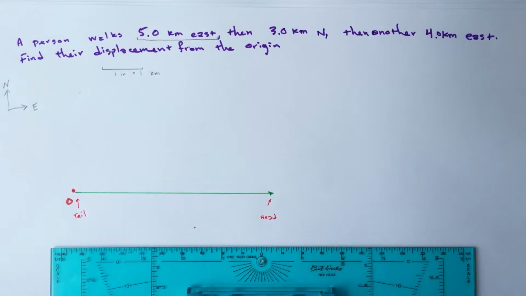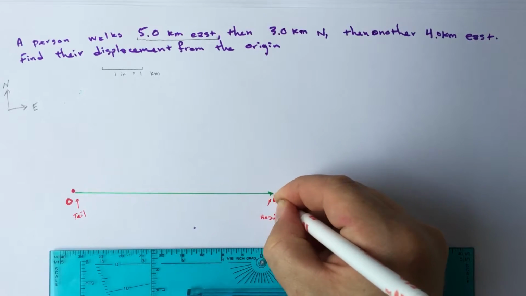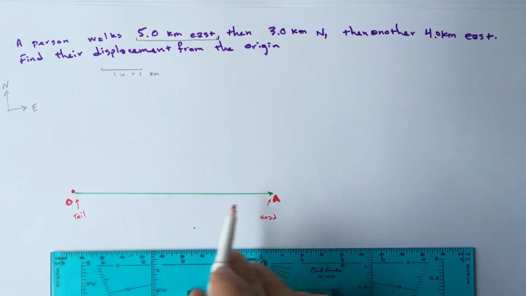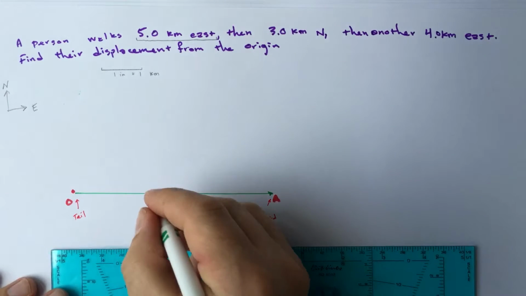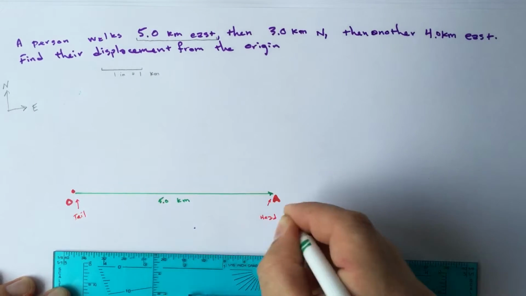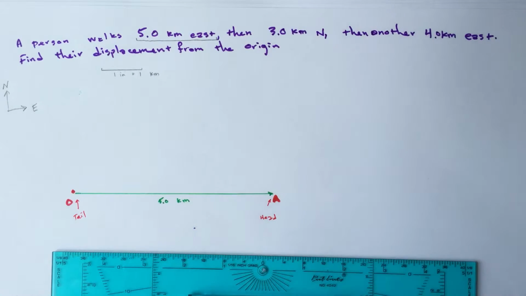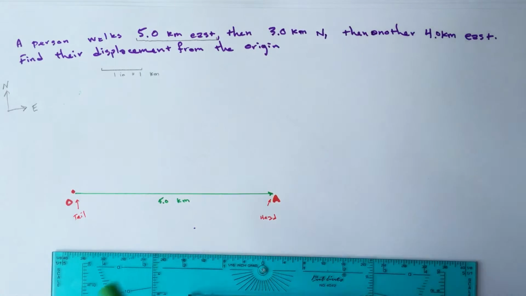Let's also define this point as point A. So they walk from O to A. That's 5 kilometers, and we represented it as a vector here that is 5 kilometers long and headed east.